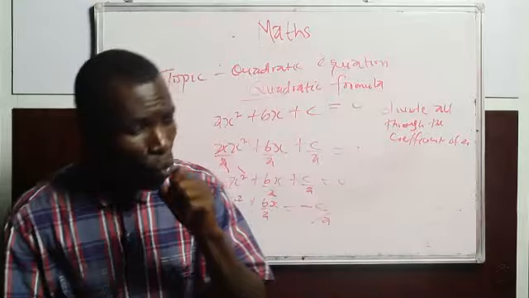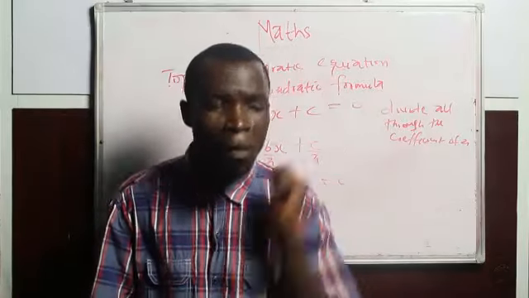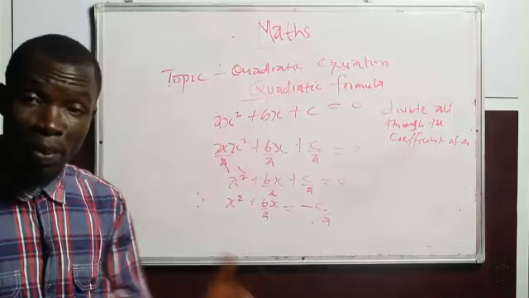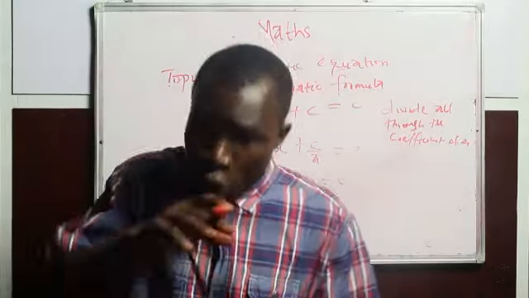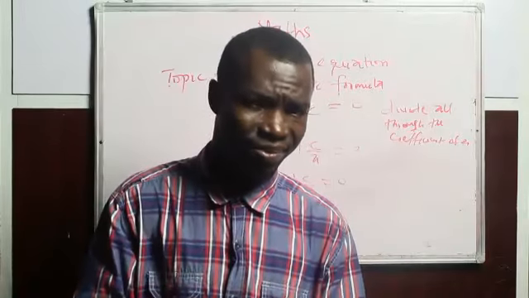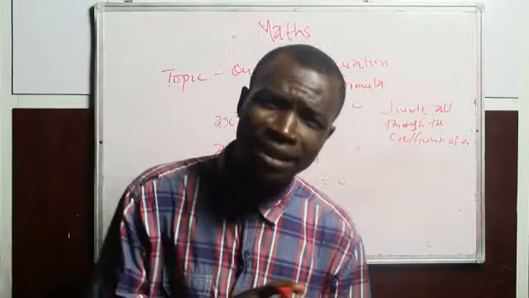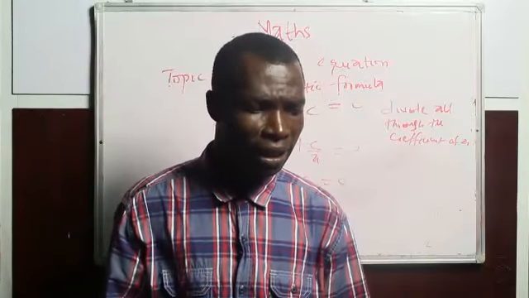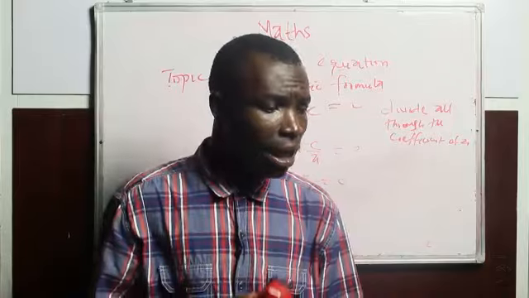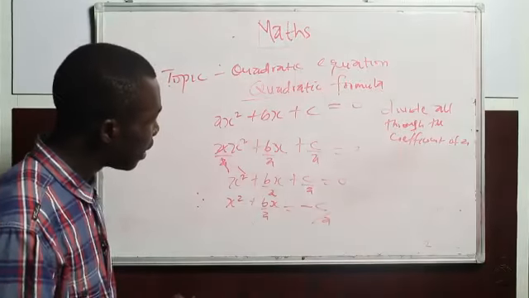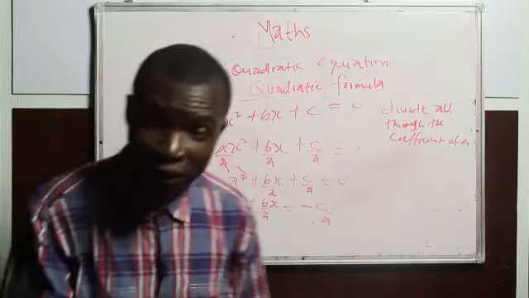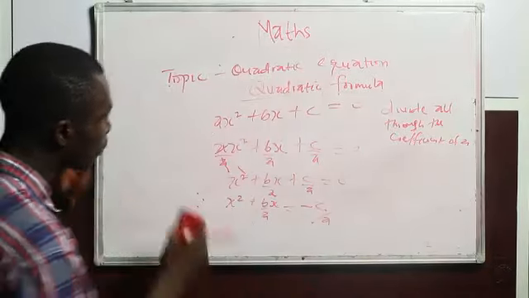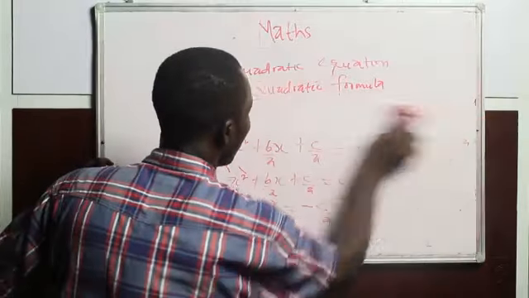The next step we have to hold on is that we have to make our left hand side of the equation a perfect square. Completing the square method and quadratic formula follow the same pattern. But the pattern of quadratic formula is different. We have to prove our formula, and that is what we are doing. Make our left hand side of the equation a perfect square. How do we make it a perfect square?